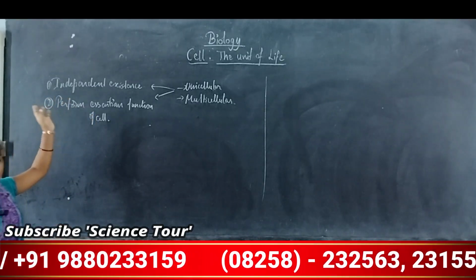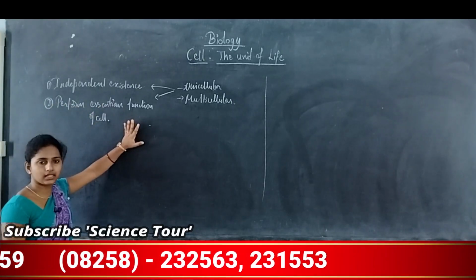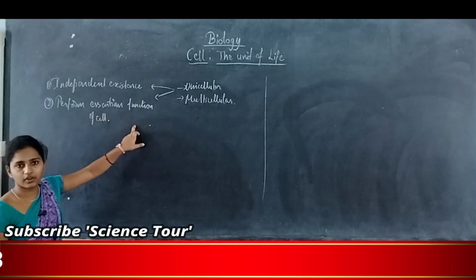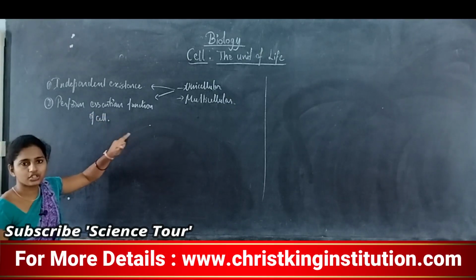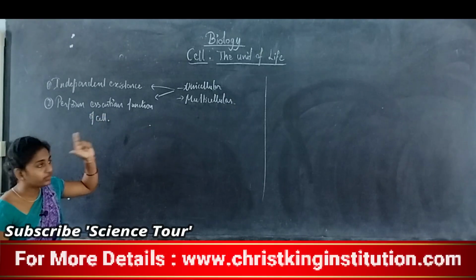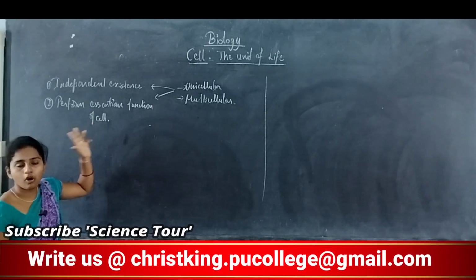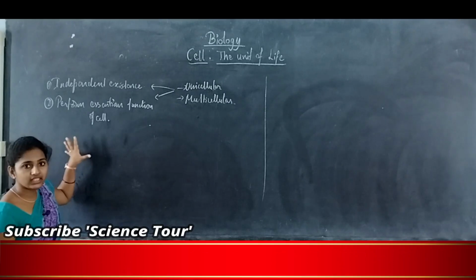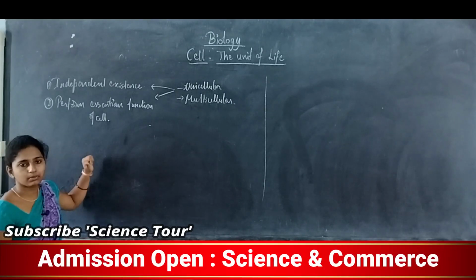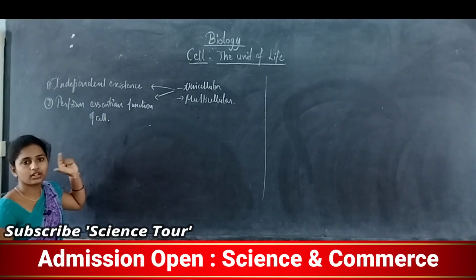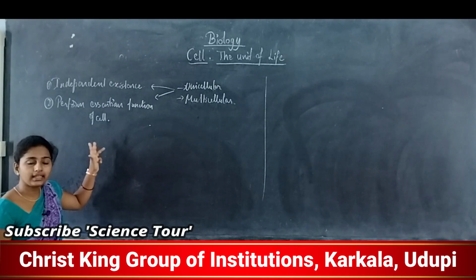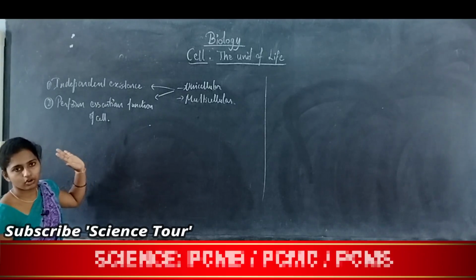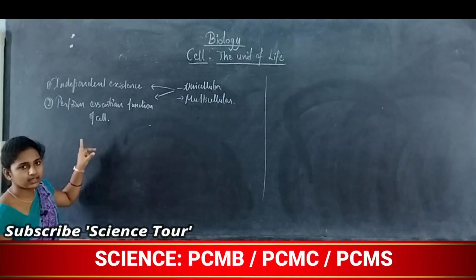As I told, the independent cell will act as an individual organism and perform essential functions like respiration, digestion, then metabolism. All the life processes are carried out within a single cell. Respiration, digestion, absorption, body building, cell division, reproduction, all of this is carried out by a single cell.